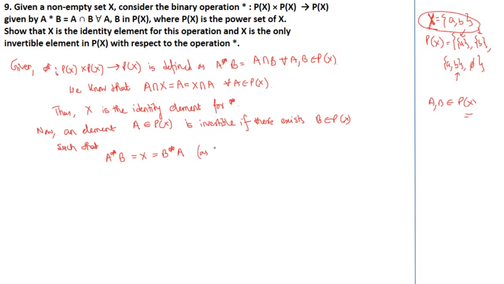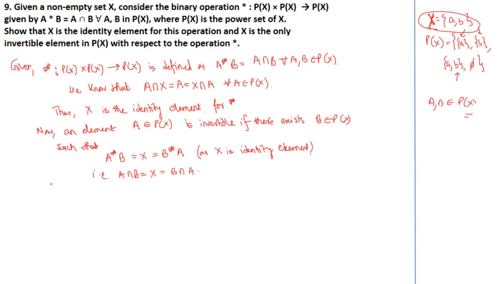Now here X is the identity element, which I have proved in the above example. So that is A intersection B is equal to X, that is equal to B intersection A.